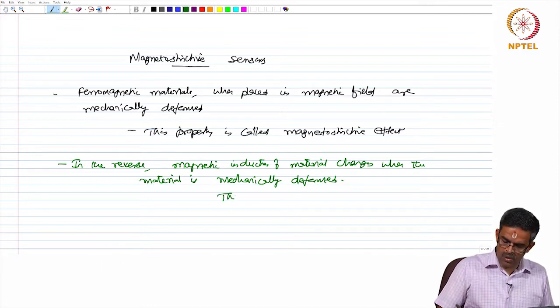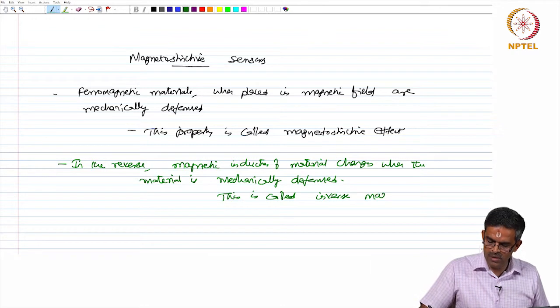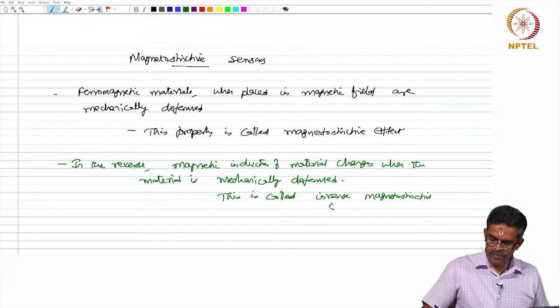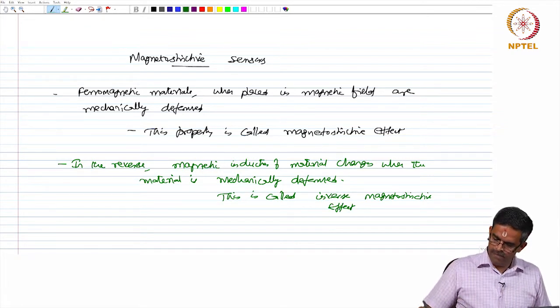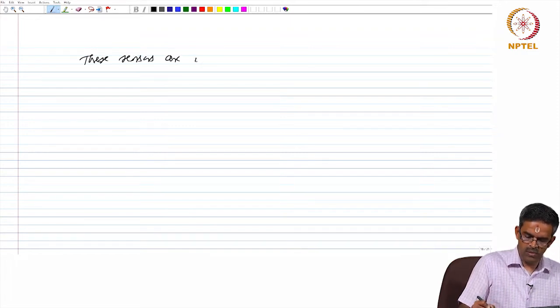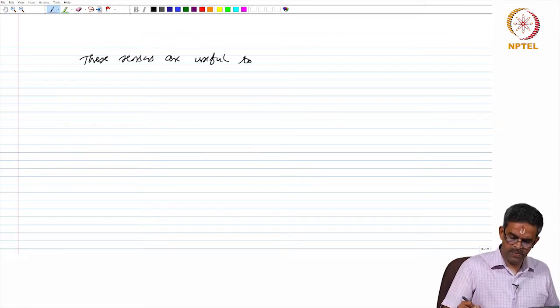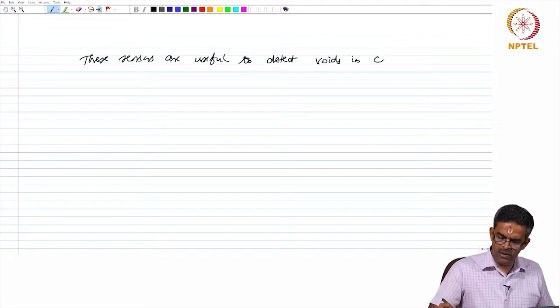This is of course called inverse magnetostrictive effect. These sensors are useful to detect voids in concrete filled steel pipes.